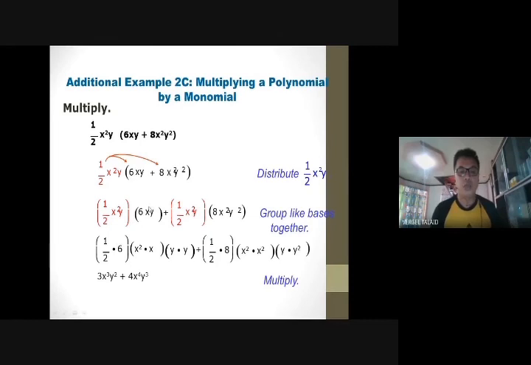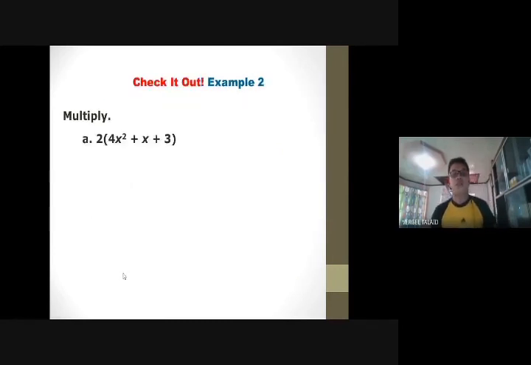Understood, we have a 1x, so x cubed, then y is y squared. 1 half of 8, that is 4. X squared times x squared is x to the power of 4, and y times y squared is y cubed. Again, you cannot combine these two because they are two different terms, meaning they have different literal coefficients.